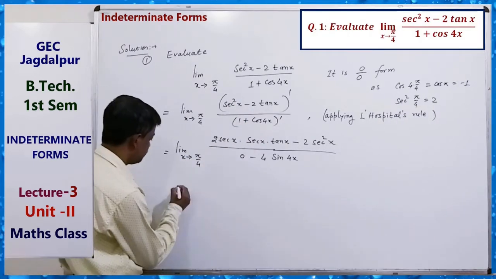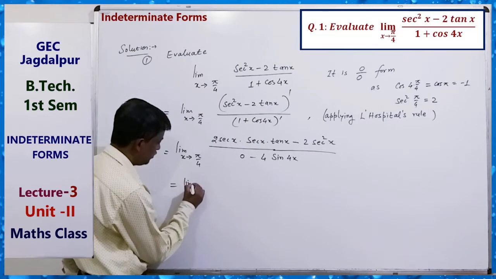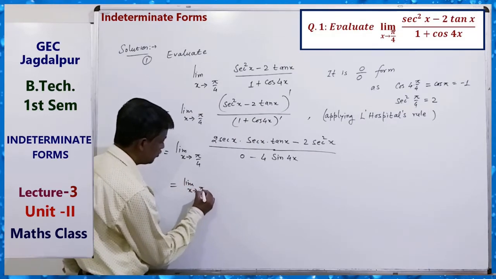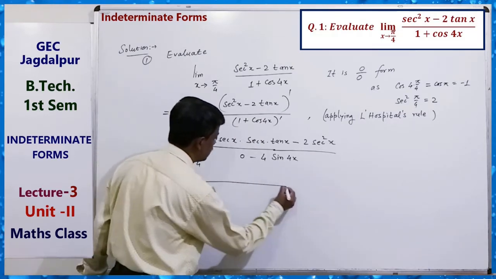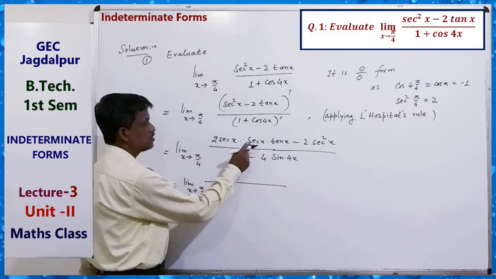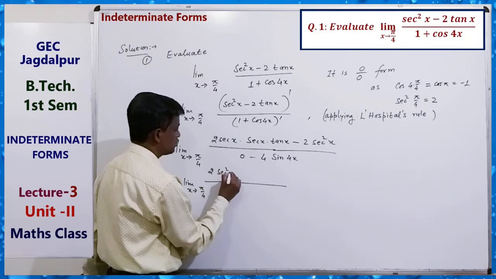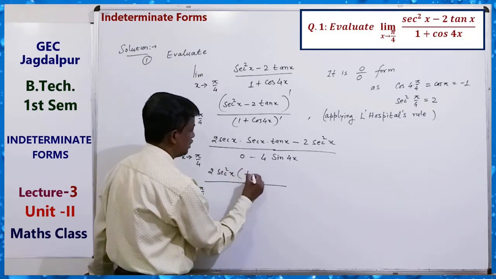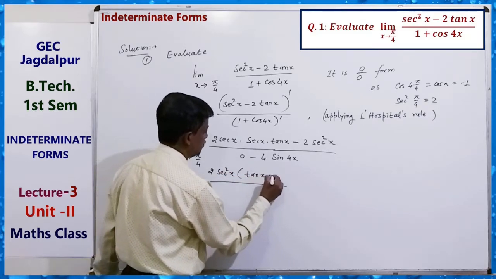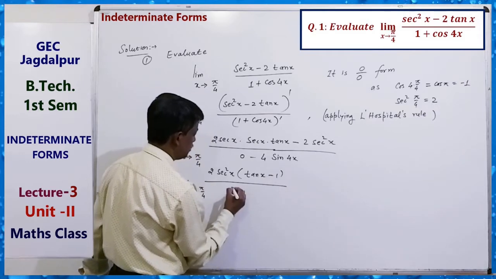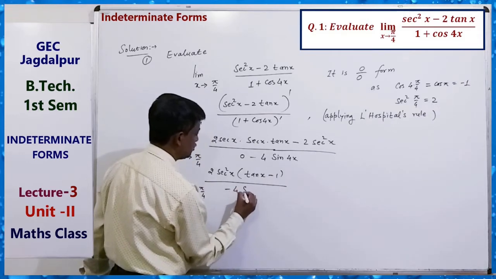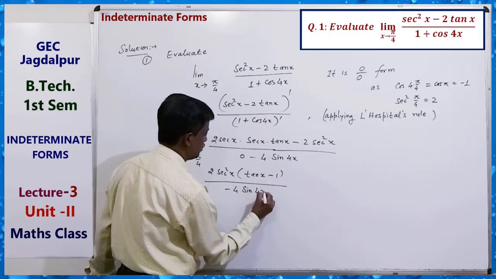So just write under limit x tending to pi by 4 here. What we get? 2 sec square common, tan x minus 1 upon minus 4 sin 4x.